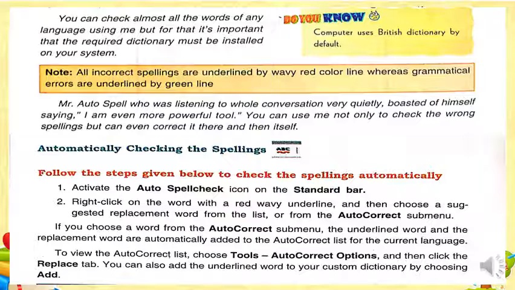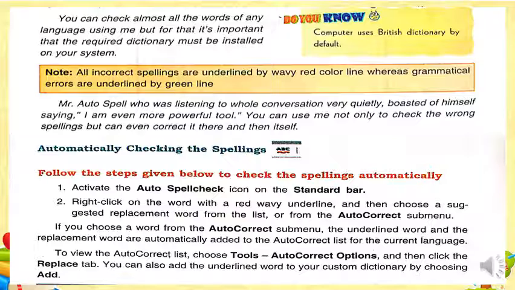Now see the automatic checking of spellings. Let's follow the steps given below to check the spelling automatically. First, activate the Auto Spellcheck icon on the standard bar. Then right click on the word with a red wavy underline and choose a suggested replacement word from the list or from the AutoCorrect submenu.